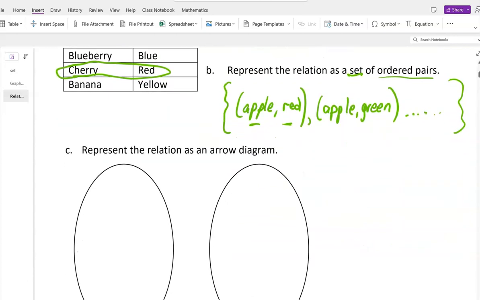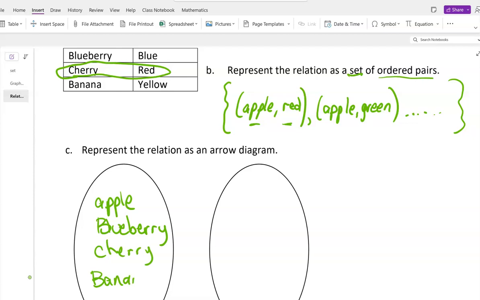One more way to represent it is an arrow diagram. So this is basically taking the table. We're going to list all of the fruits in the first bubble here. And then we would use an arrow to show that an apple could become red.